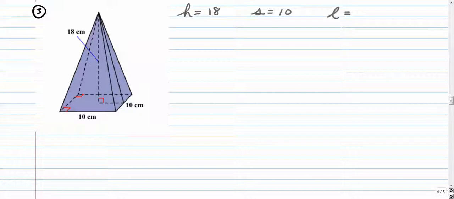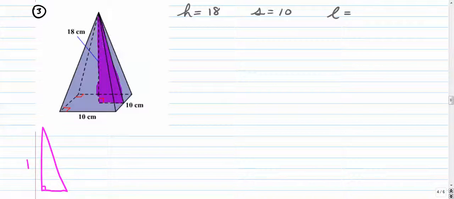We've got ourselves a right triangle, and we need to extract that out of the three-dimensional solid. So here we go. I'm going to bring that out over here, and the height of that thing is 18. The slant height we don't know.